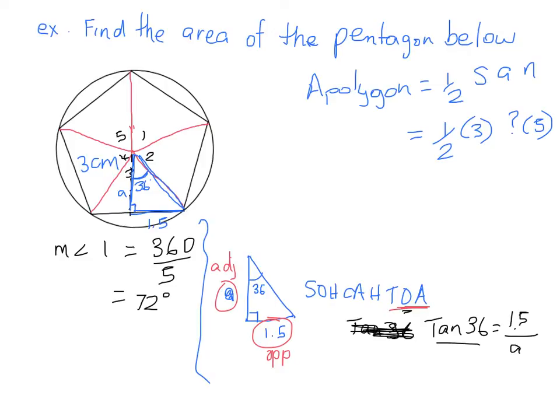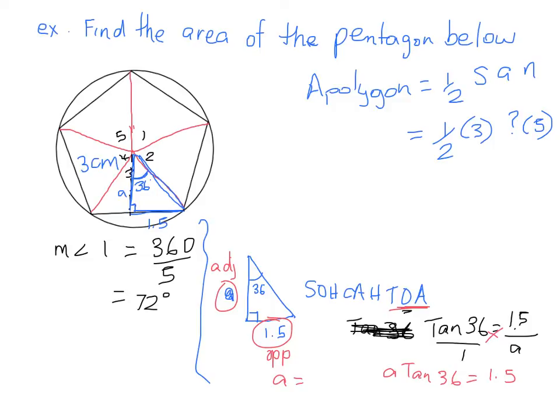We can then cross multiply. So we get A tan 36 is equal to 1.5 times 1. And so isolating the A, we can divide 1.5 by tan 36.